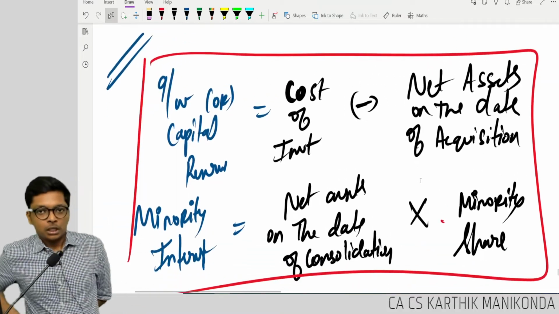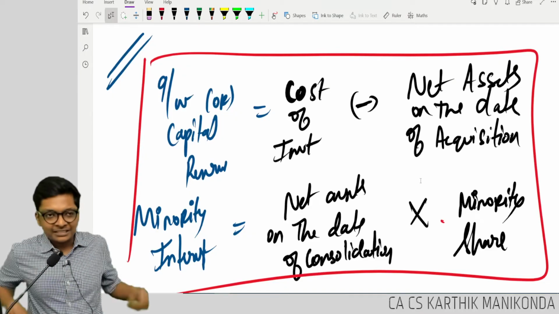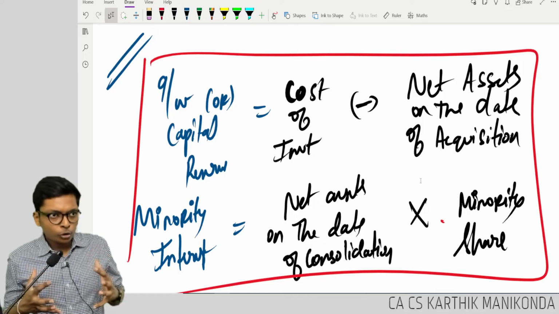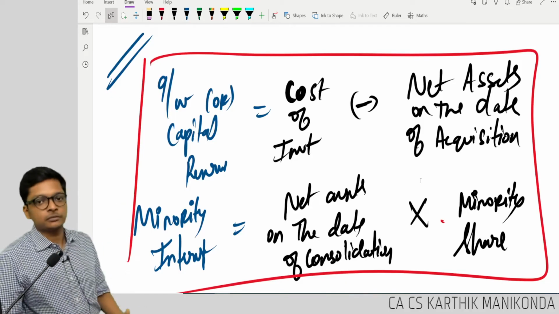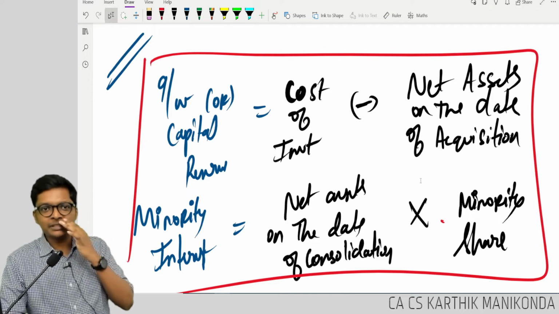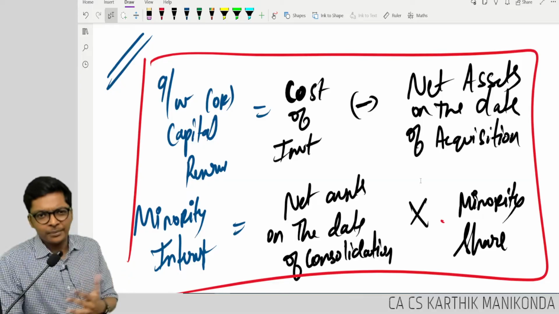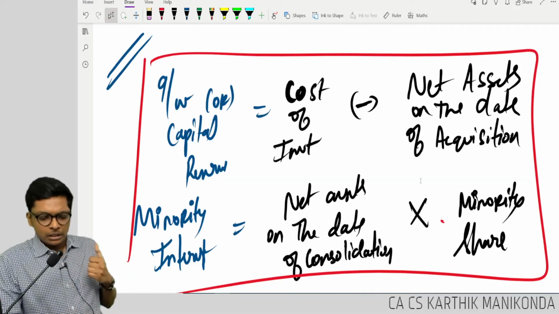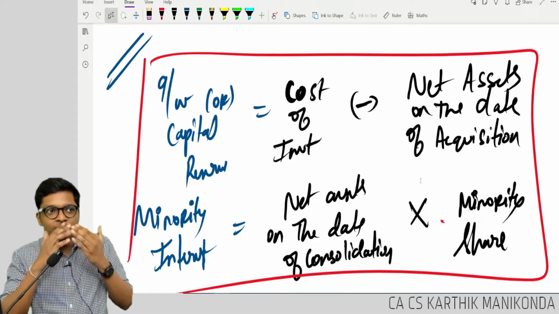Today's learning for the last 2 hours or whatever time this class went is for you to not mug up but understand this equation. These 5 examples are for me to communicate this. You can mug up, but you are going to struggle. Next class I will give you a 10-step approach for consolidation.